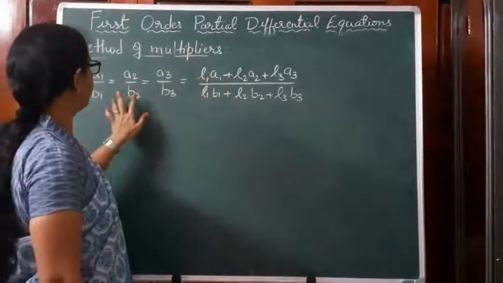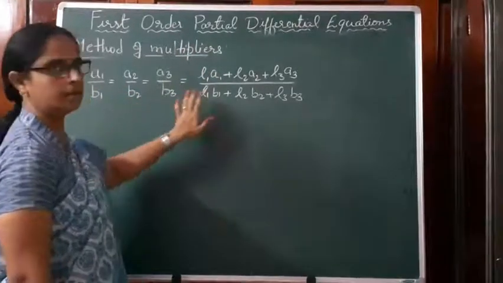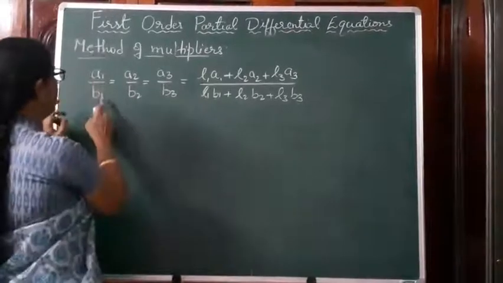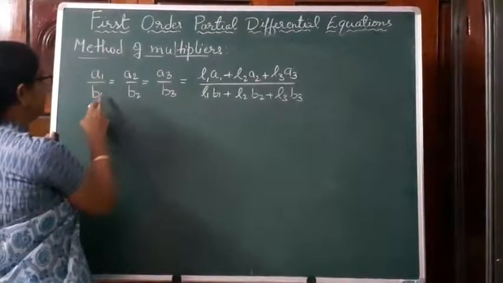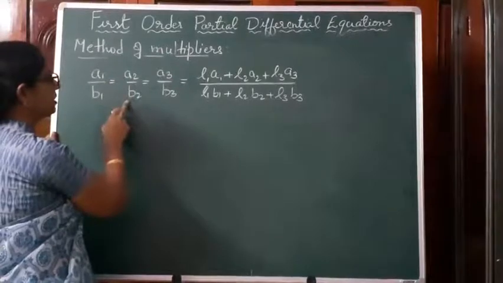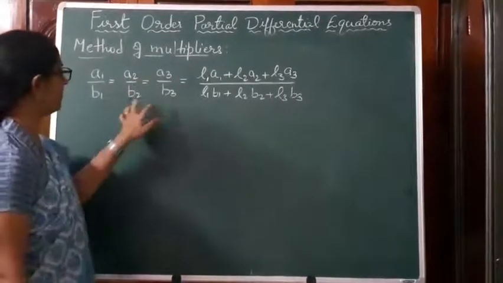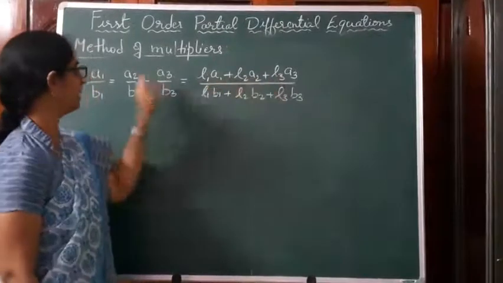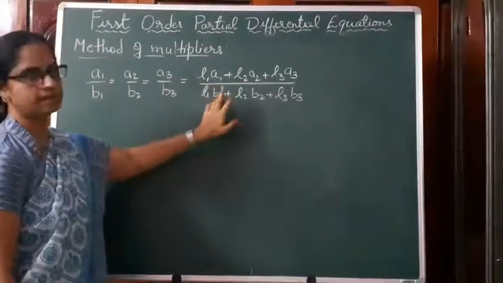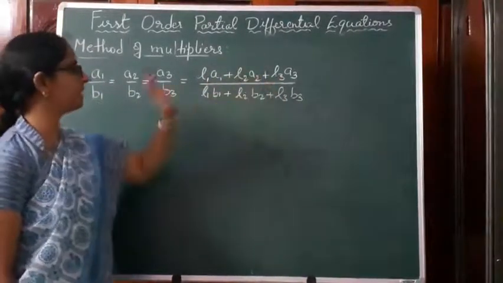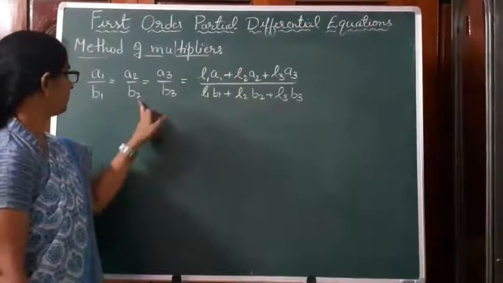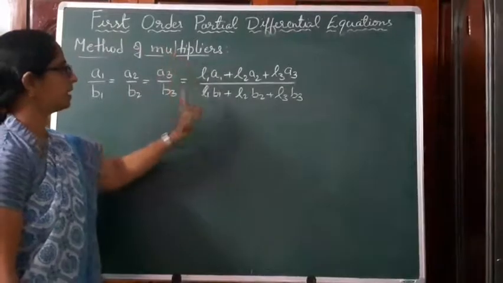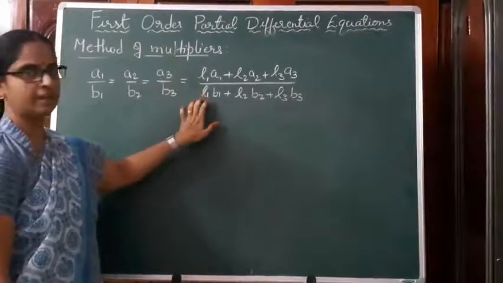It depends on a simple elementary fact that whenever we have the ratios a1 by b1 is equal to a2 by b2 is equal to a3 by b3, then for any values of L1, L2, L3, this ratio is equal to L1A1 plus L2A2 plus L3A3 by L1B1 plus L2B2 plus L3B3. Any set of L1, L2, L3 holds this equation true.